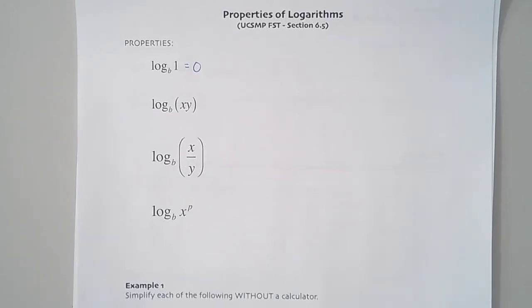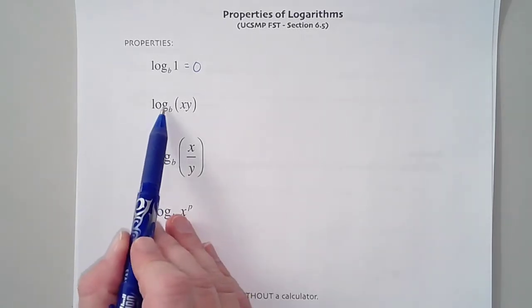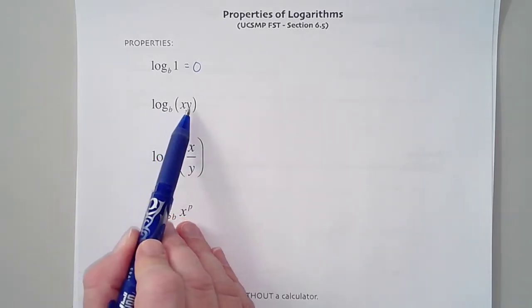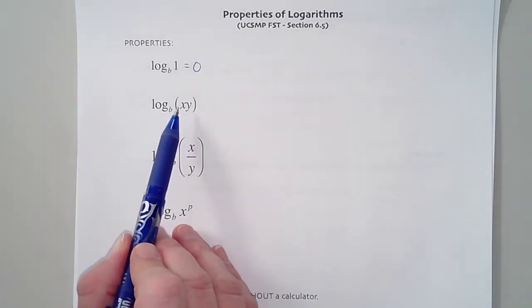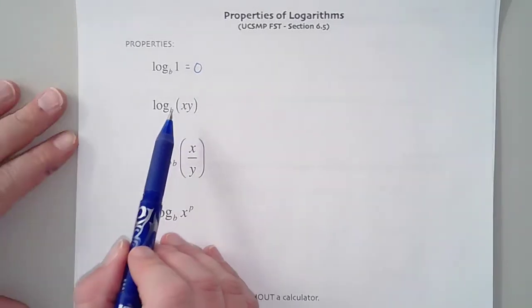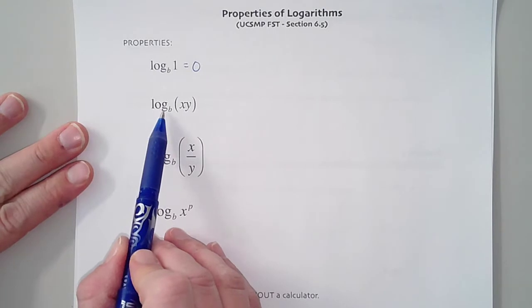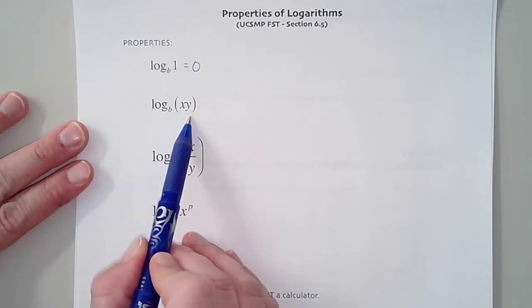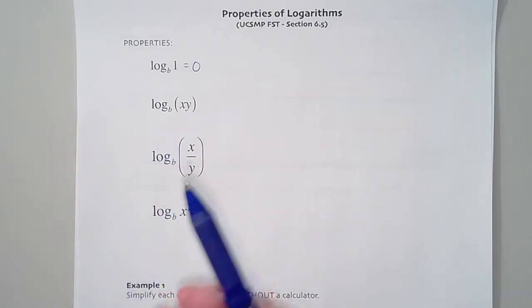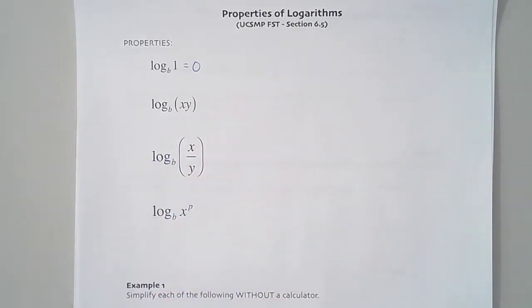Okay, these next few are a little more based on operations. If you take the log of two numbers that are multiplied together, the log of a product, and you want to separate that, it doesn't separate like the distributive property. It's not going to be log of x times log of y. Because we're dealing with the world of exponents, think back to when we talked about powers. When you multiplied two powers together, you added the exponents, right?